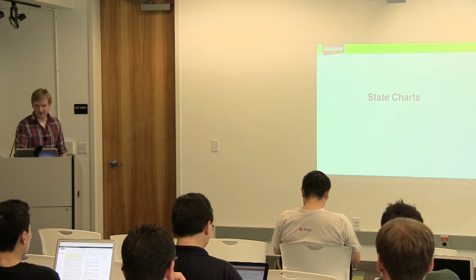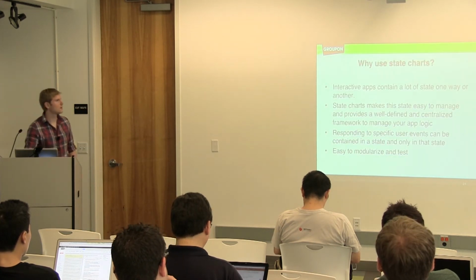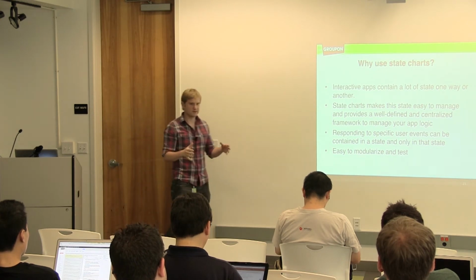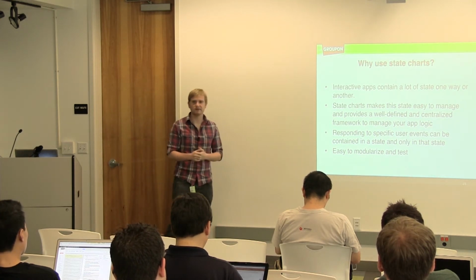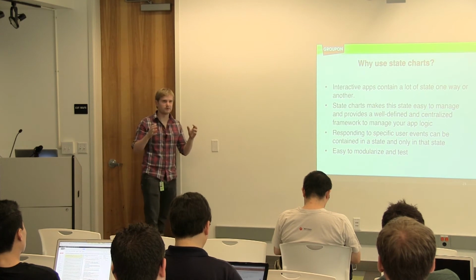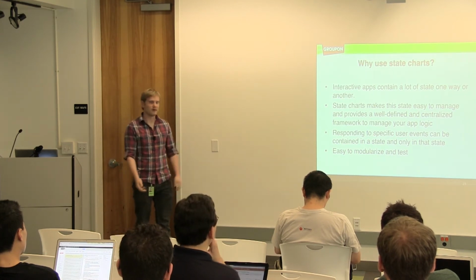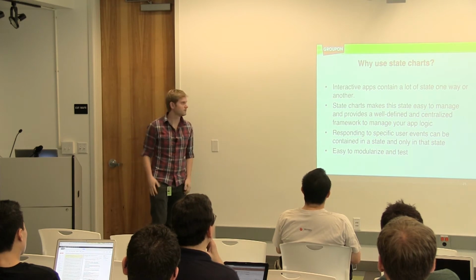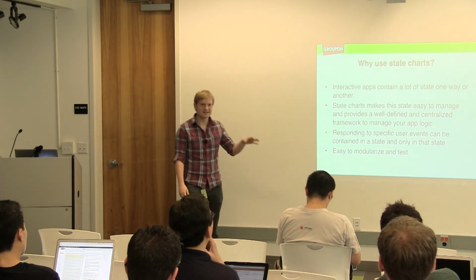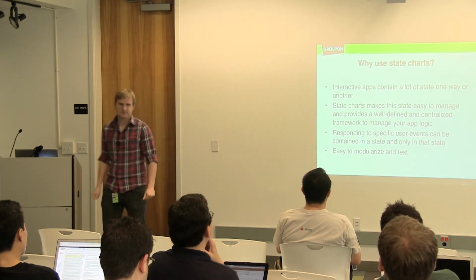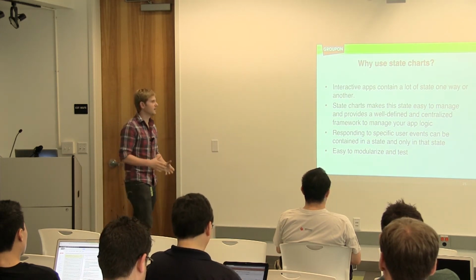All right. Why use state charts? Interactive apps contain a lot of state, and one trap that I've seen is that people start managing state by having a little variable here, a variable there. It's like my modal is open, yes, all that stuff, or look at class names or something like that. It's very hard to manage. State charts make this a lot more well-defined.